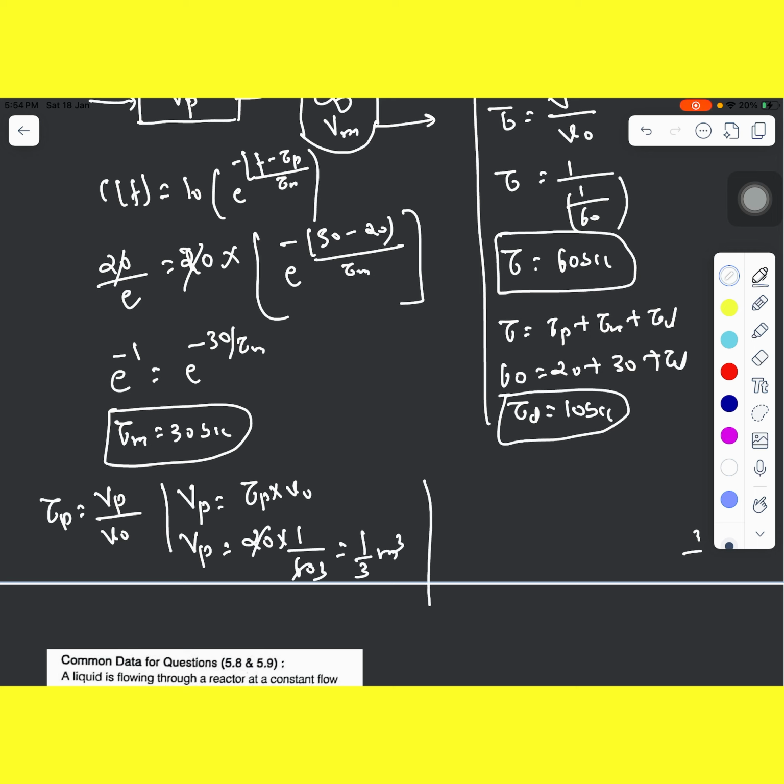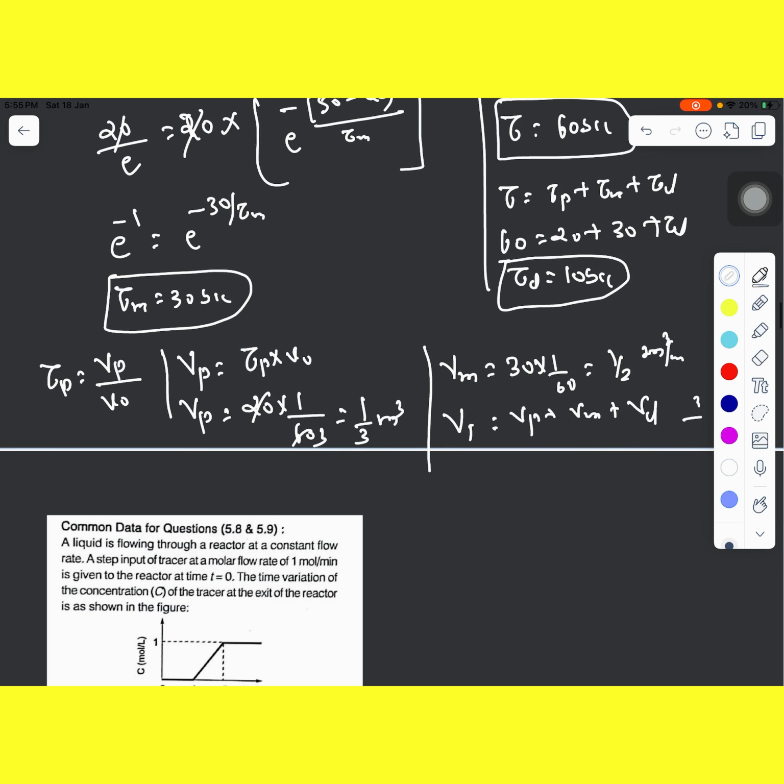Again, if I want to calculate VM, that is the volume of the mixed flow reactor for this particular problem, VM will be equal to what? 30 multiplied by 1 by 60, that is equal to 1 by 2 meter cube. And again, the total volume V total is equal to VP plus VM plus VD. So directly you can calculate that VT is 1, that is equal to 1 by 2 plus 1 by 3 plus VD.